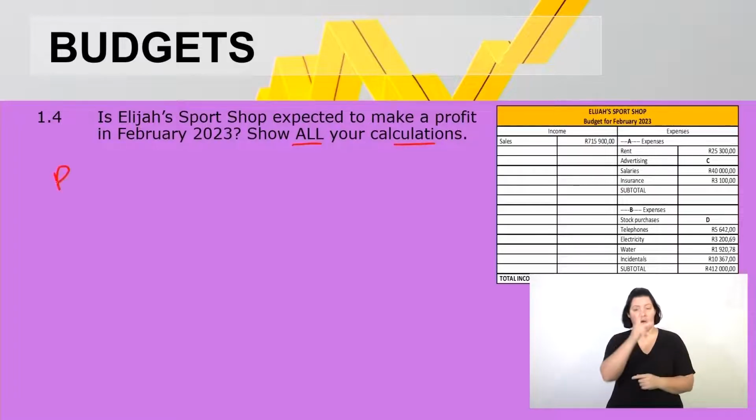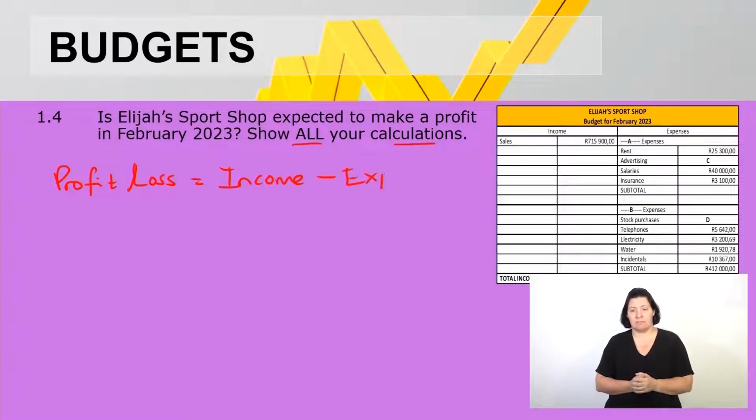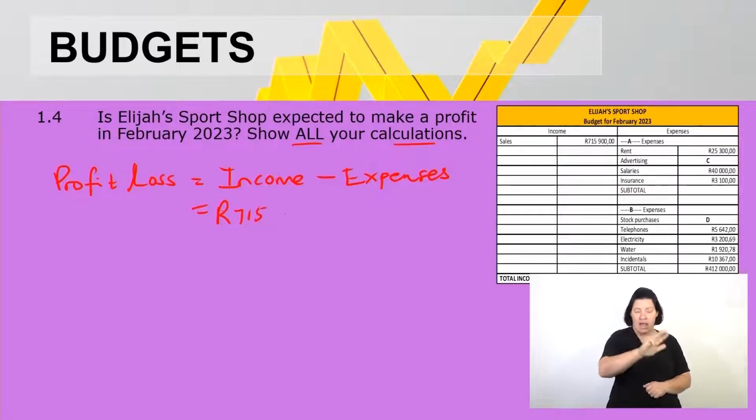We say profit or loss is basically where we take all the income minus your expenditure or your expenses. In this case, straightforward, we know the income is 715,900 rand minus. Now we have a little bit of a challenge here. We have total expenses and we can see we don't know that value.